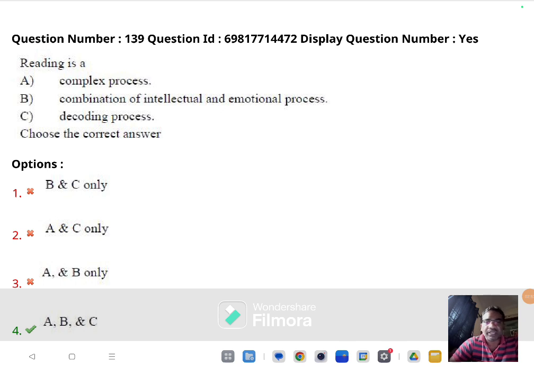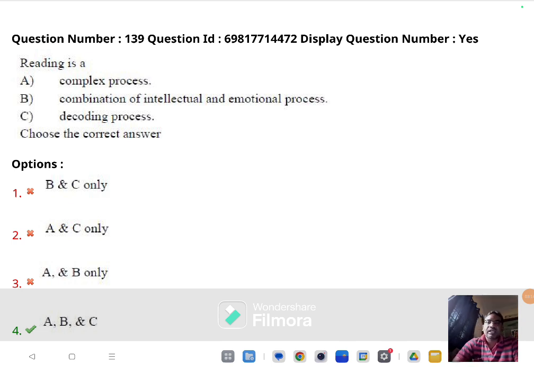Next one, question number 139. It's about reading skills. There are 3 things given: reading is a complex process, a combination of intellectual and emotional process, and a decoding process. The question is to choose the correct answer.